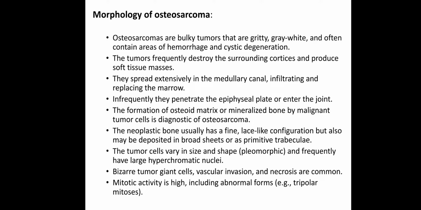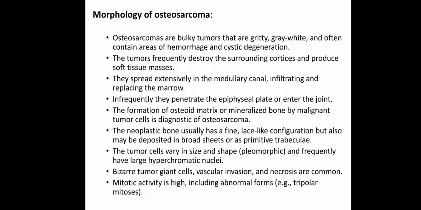They spread extensively in the medullary canal of the bone, infiltrating and replacing the marrow. They also go outward subperiosteally, damaging the soft tissue, and produce the Codman triangle outside, approaching the skin and making a mass outside the bone, and at the same time spreading to the bone marrow, damaging and replacing it. Infrequently they penetrate the epiphyseal plate or enter the joint, meaning they do not cross the epiphyseal plate; they are close to the growth plate but do not reach the joint.